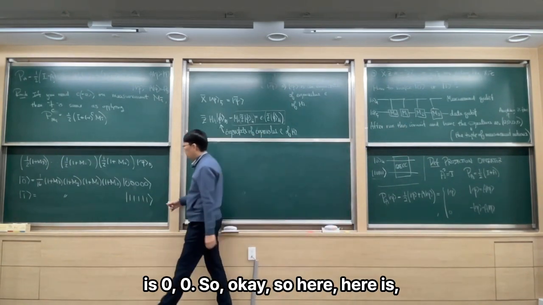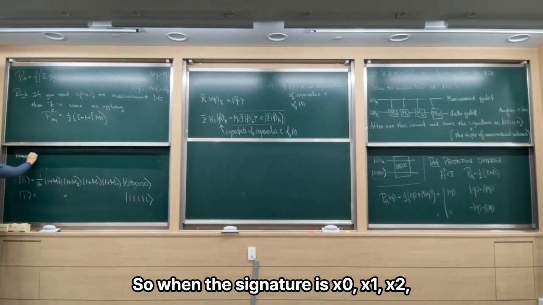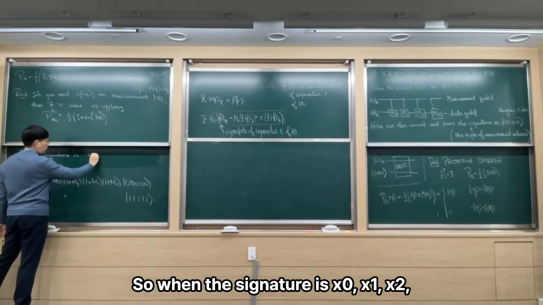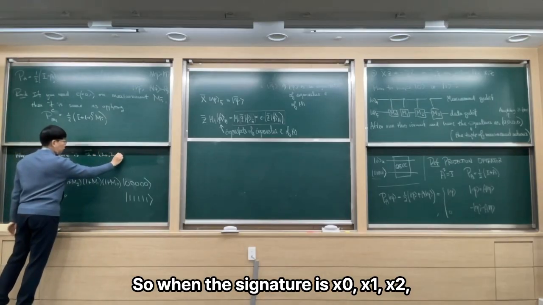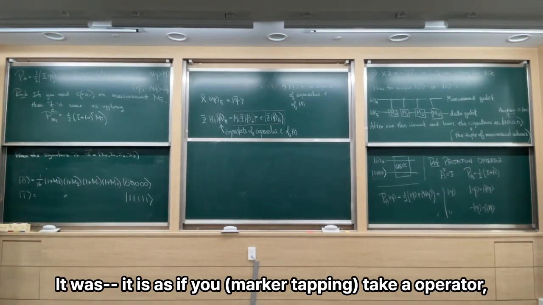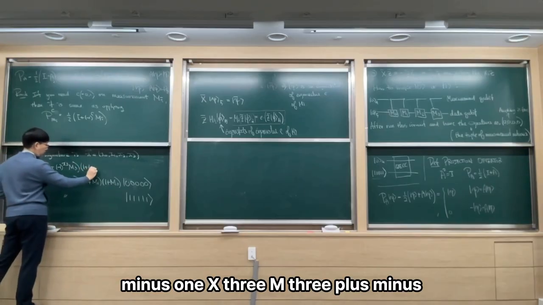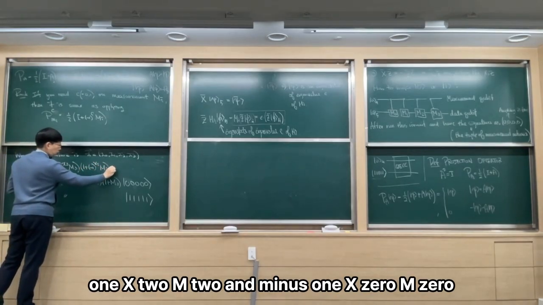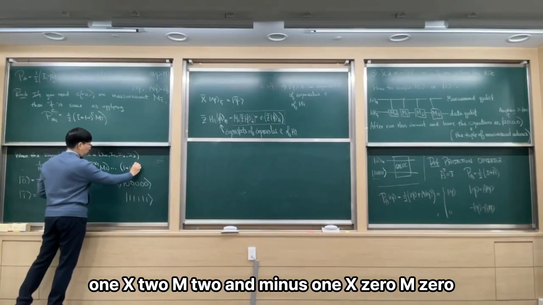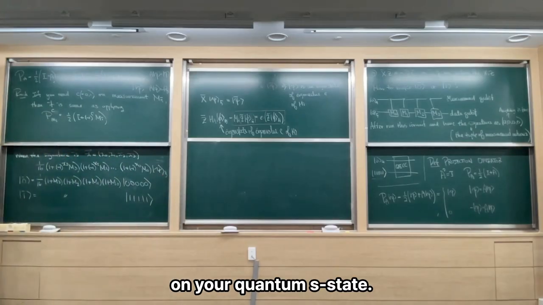So okay, here's the case. When the signature is x0, x1, x2, x3, then when you run the circuit, it is as if you apply an operator, plus or minus 1 to the x3 times M3, plus or minus 1 to the x2 times M2, and so on through x0 and M0, on your quantum state.